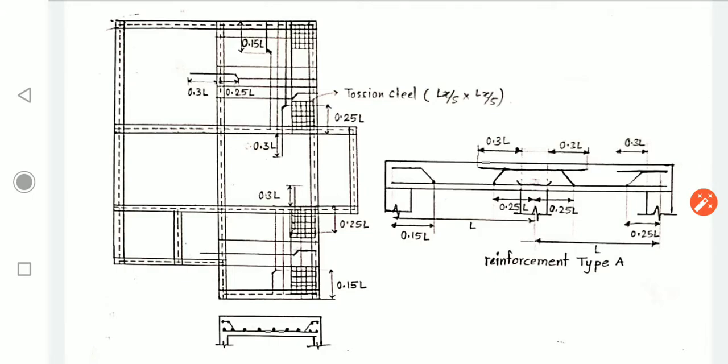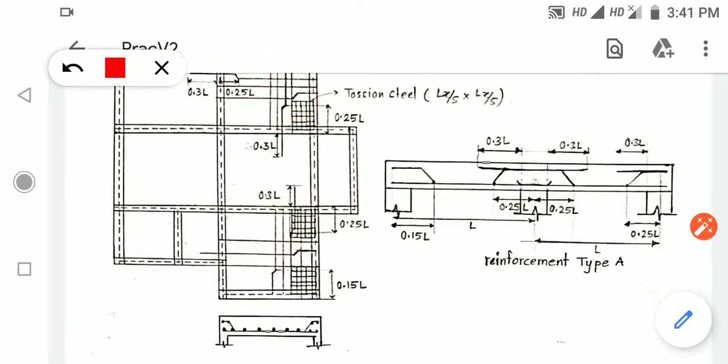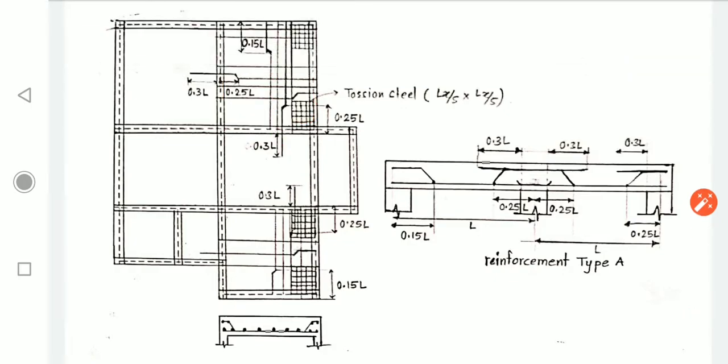Okay, now come to the reinforcement detailing. We will start with this panel. You can see that reinforcement is provided in both of the directions, in the shorter as well as in the longer direction. If the reinforcement is in two directions, which type of slab is it?